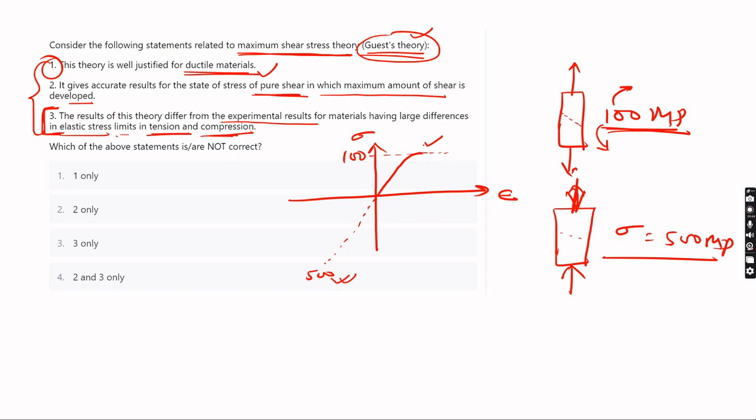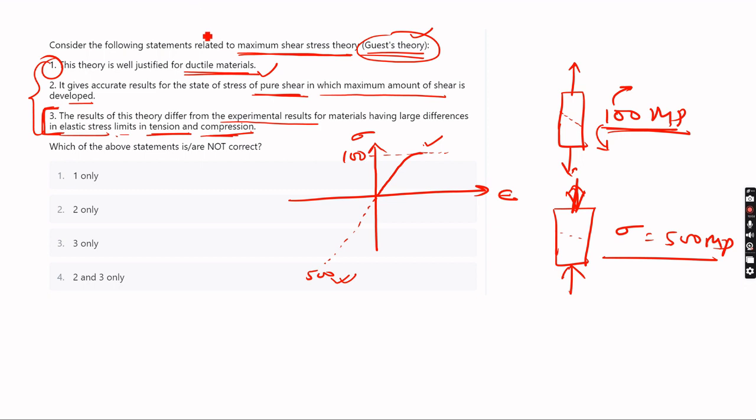If a material has a large difference in elastic limit in tension and compression, then the result of the maximum shear stress theory differs from the experimental result for that material.